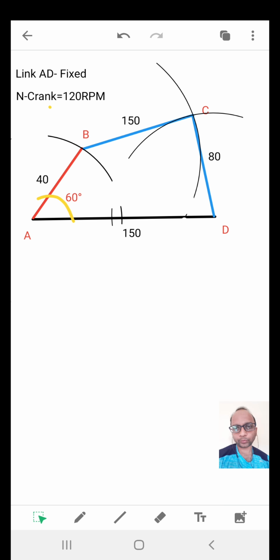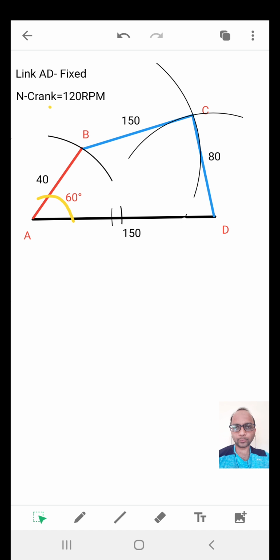I repeat the process. Draw first at point A, measure a 40 mm radius. Take a suitable scale as you want. Then take a 40 mm distance and draw an arc of 40 mm. Then measure an angle of 60 degrees.